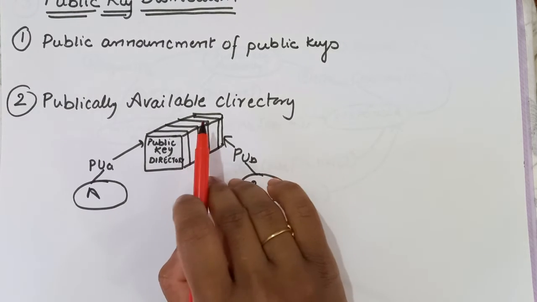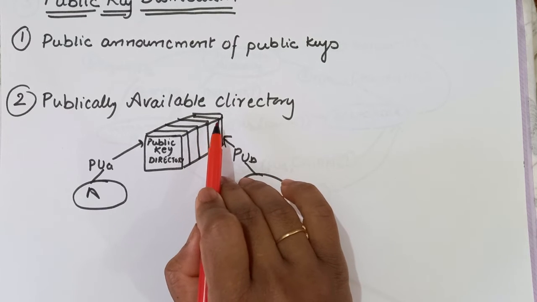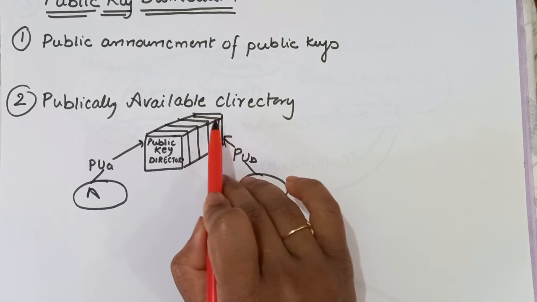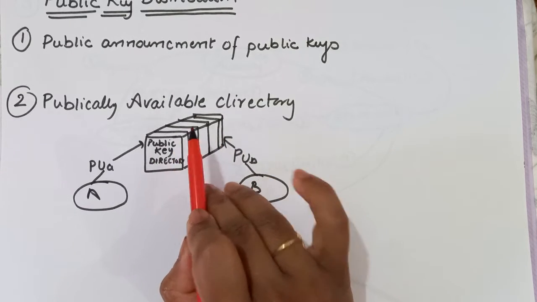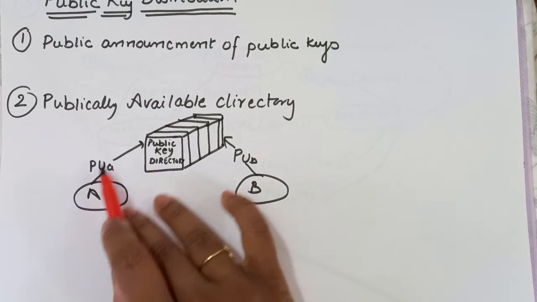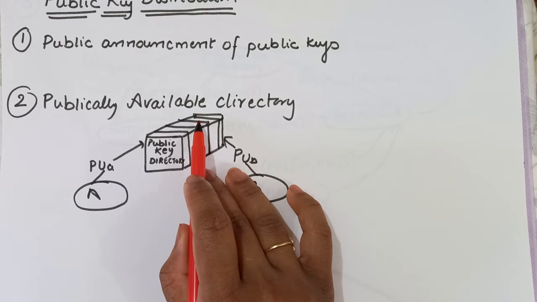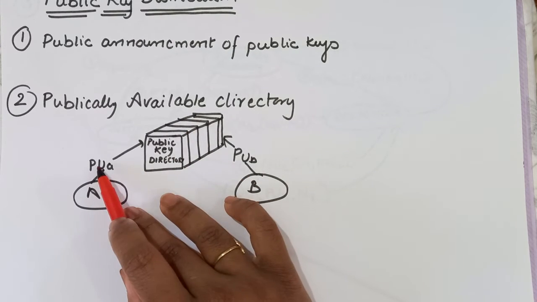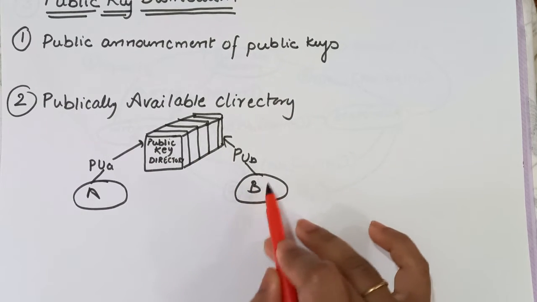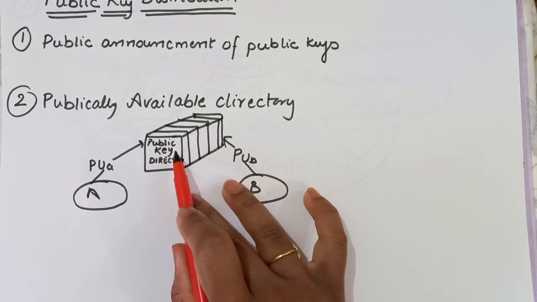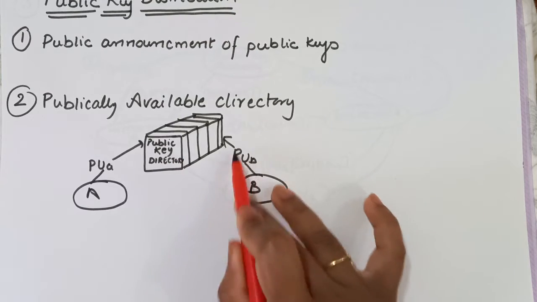There are different elements. One is the public key authority, which maintains the directory with a name and public key for each participant. Each participant registers with the public key authority and sends its own public key to the directory. Similarly, B also first registers with the directory and then sends its public key.